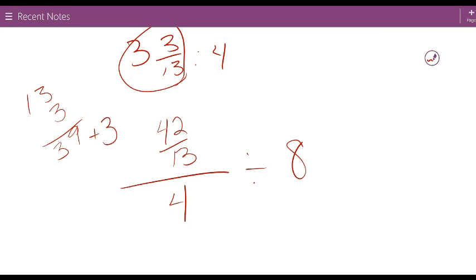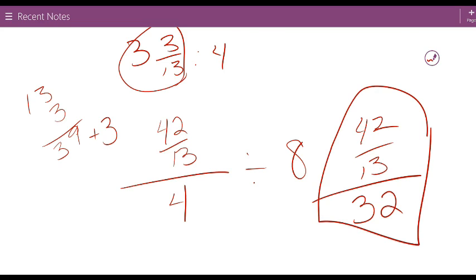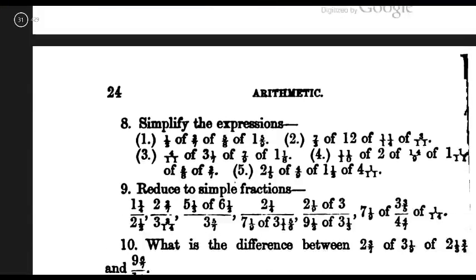Again, we can either divide the numerator or multiply the denominator. So I'm going to leave this as 42 over 13 times 8, which is 42 over 104. And for the sake of right now, I don't know where they're going with this, but this is, for me, an appropriate answer. That's totally fine.